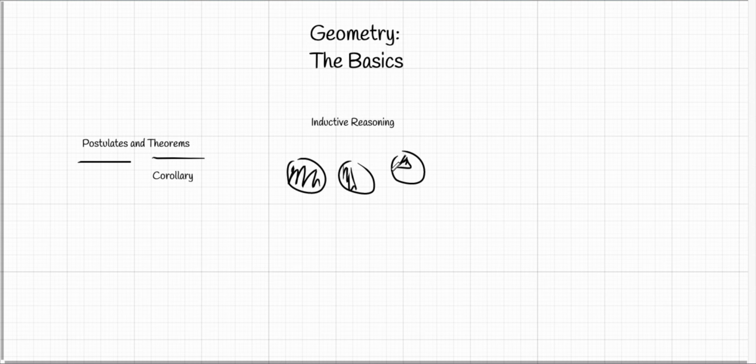In this case, it's a series of objects. It could be a sequence or a series of numbers, for example. And a pattern is basically when there's a noticeable rule to that. So in this case, the pattern would be that you're dividing by a half each time. So you start with 1, and then you go to half, and then you go to a fourth. So you're basically dividing by half each time.